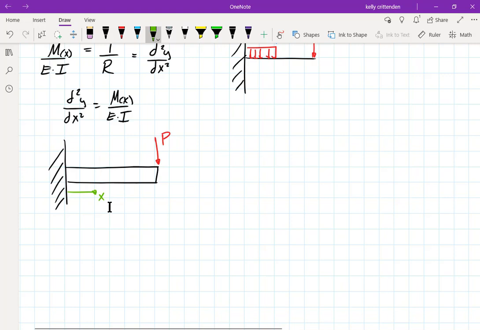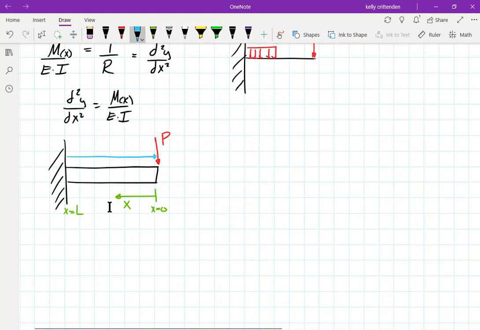It doesn't particularly matter, but since I did it this way the other time, let's make x go to the left. So x is positive going to the left. This is x equals 0, and this would be x equals L, the length of the beam.